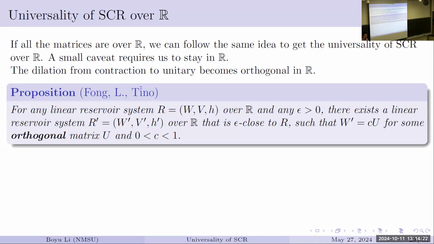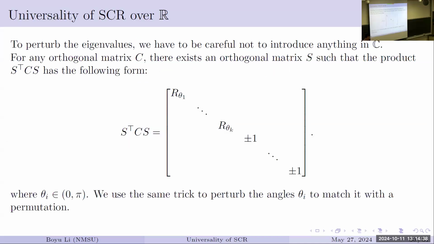The second step, when we try to perturb the eigenvalue of the unitary, before we were in the complex domain, we didn't really care. But we're now in the real matrix, so you cannot just diagonalize them because you introduce complex numbers in the process. So instead of perturbing the real orthogonal matrix, you can diagonalize it in this form.